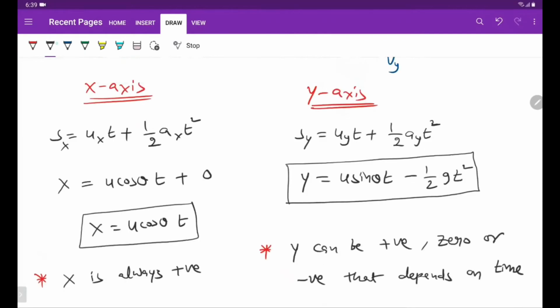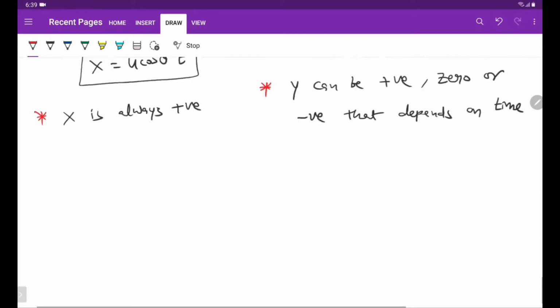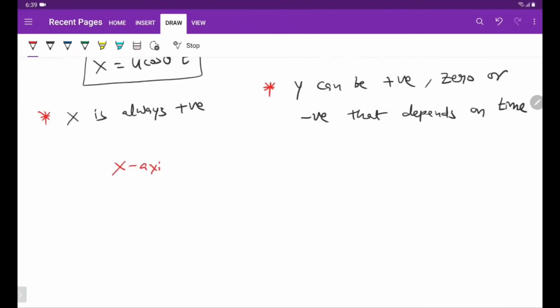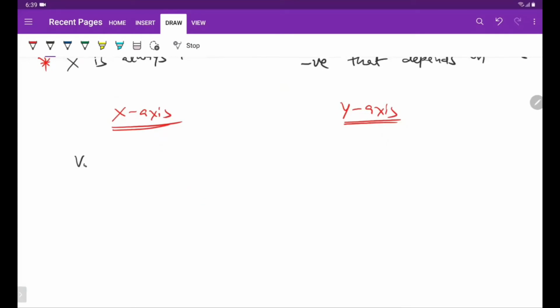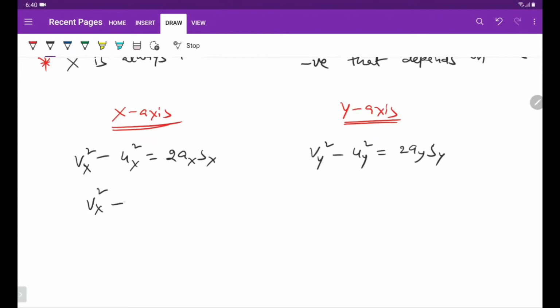In this way we use the second kinematic equation. Similarly, we use the third kinematic equation along the x-axis and along the y-axis: v square minus u square is equal to 2as. Applying it along x, vx square minus ux square, where ux is u cos theta, and ax is 0.